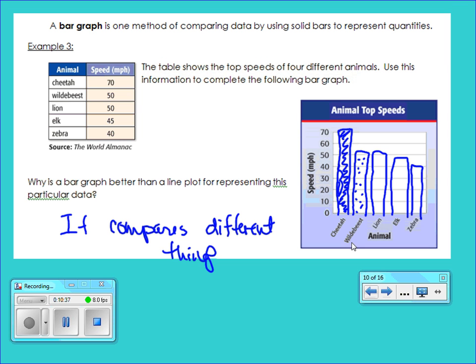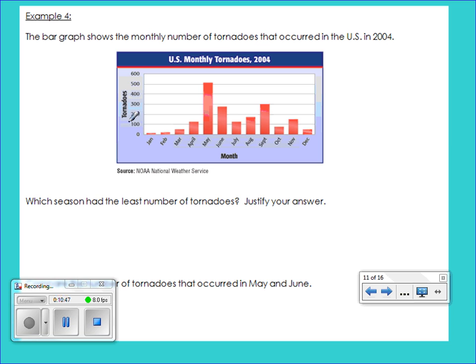In the animals over here it was their speed. That was the thing that we were looking at when we looked at these different animals. And then the differing items go on the bottom. So over here we're looking at tornadoes all together, and then the different months, so those items go on the bottom. So which season had the least number of tornadoes?